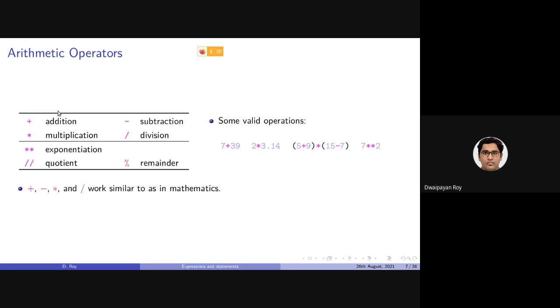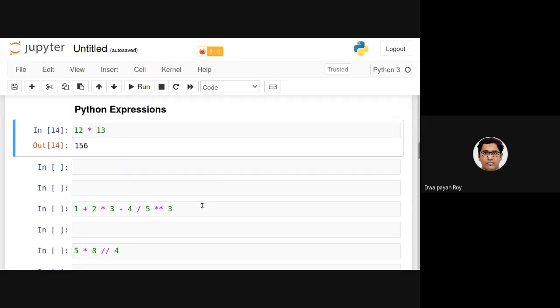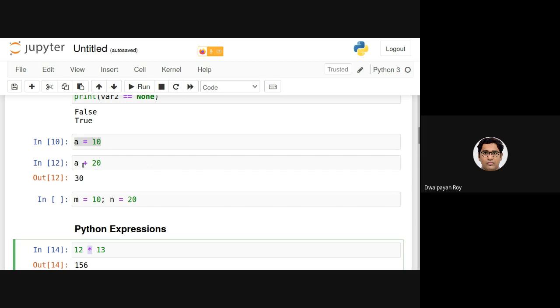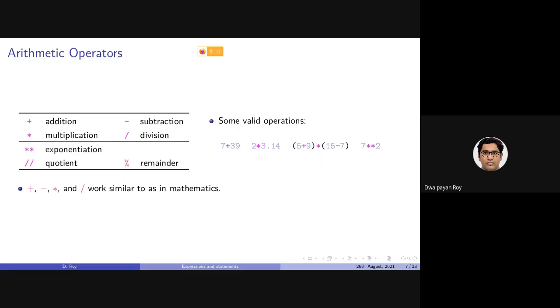So first, let's discuss these 4 operators which work in a similar way as in mathematics: plus, minus, star, and slash. We have already seen them. Here, star is the multiplication operator. Earlier we used plus as the addition operator.